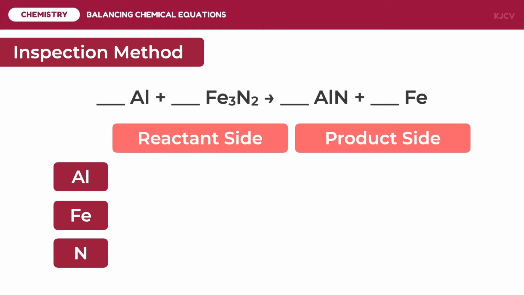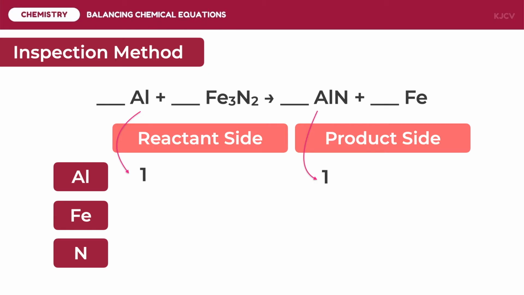The rule in counting the number of atoms on each side of the reaction is to take note of the subscript and multiply it by the coefficient. If an element is present in one or more substances, we add the number of atoms for each substance. For aluminum, we have 1 on the reactant side, from the monoatomic reactant aluminum, and 1 on the product side from the ionic compound aluminum nitride.